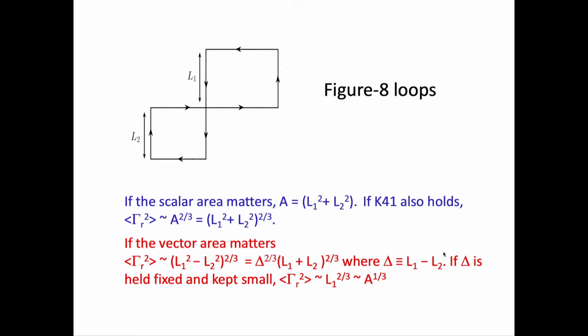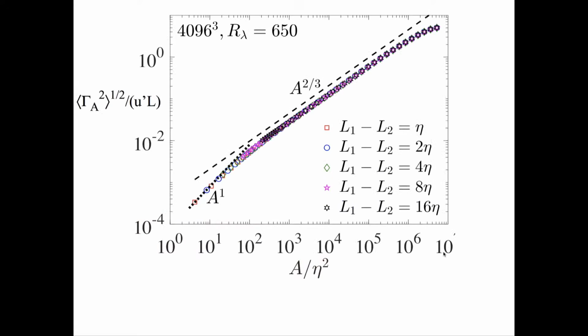But if I have to add the various areas as vectors, then skipping one or two lines here, the variance of the circulation will go like area to the power 1/3. Of course, 1/3 and 2/3 are sufficiently far apart that there can't be any ambiguity when you make measurements. And indeed, what you see is 2/3. It's nothing to do with 1/3.